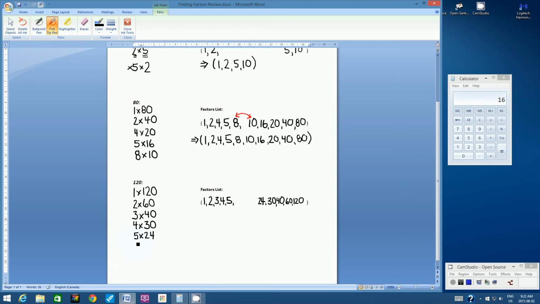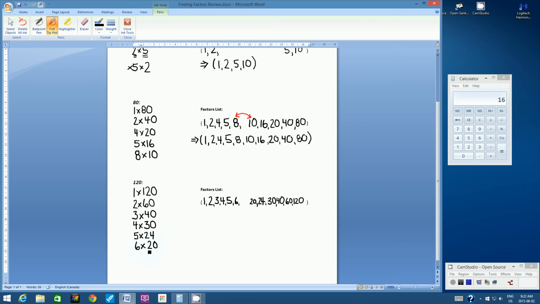So I know that 6 is one of the factors. So then I can just use my calculator and divide 120 by 6. You can see my factors list is getting very crowded here.